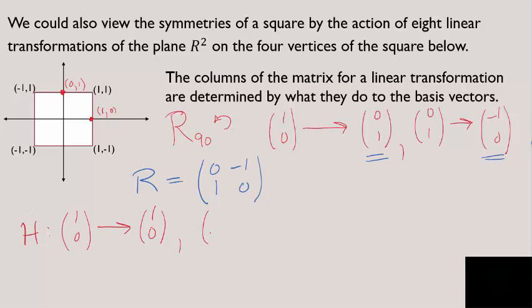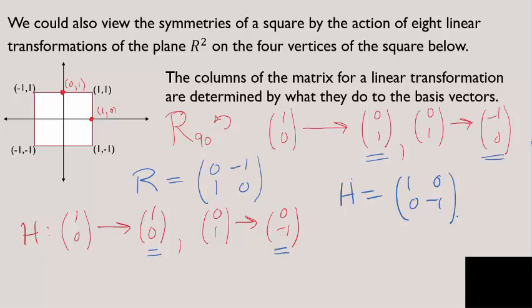And the other basis vector 0, 1 will be flipped down onto 0, minus 1. So this gives us our matrix H. H will be the matrix using these column vectors, 1, 0, and 0, minus 1.